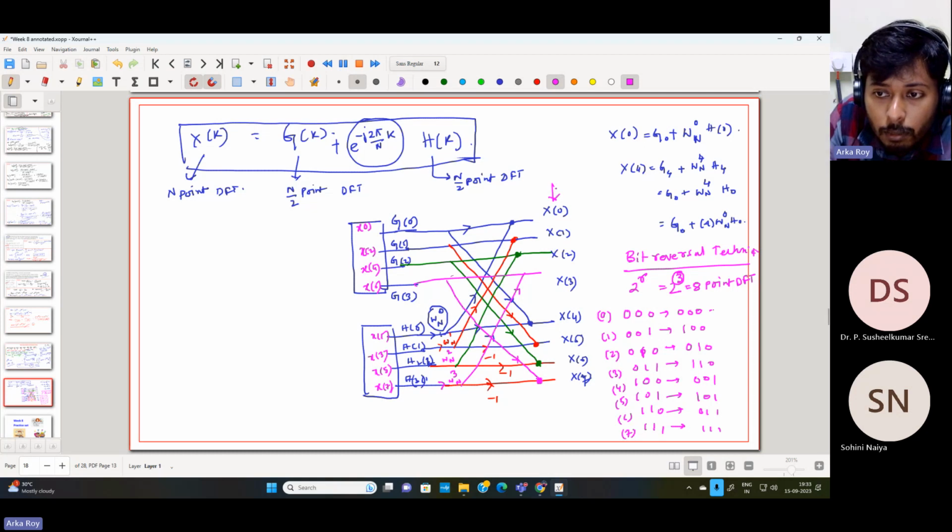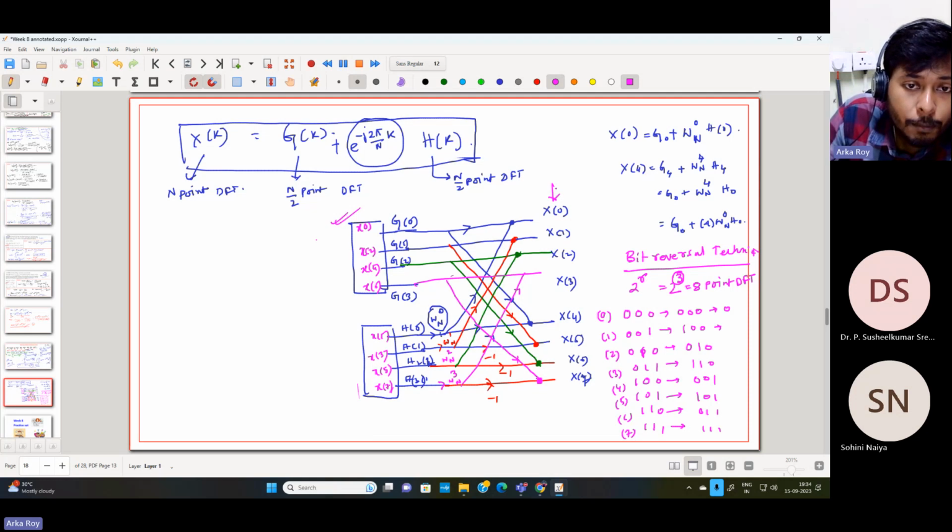So this is effectively 0, then 100 is the fourth one, then this is the second one. In this fashion, we can exploit how we get these representations.